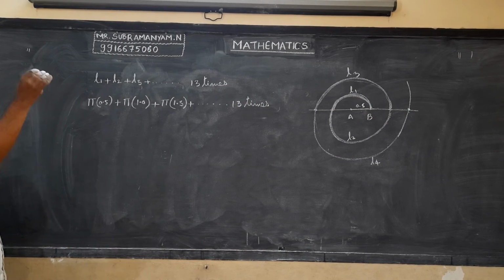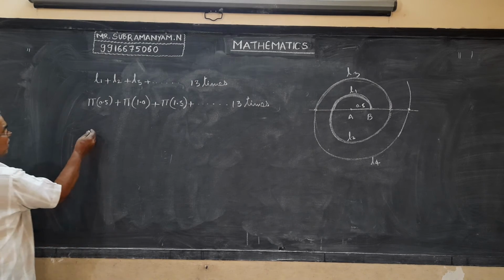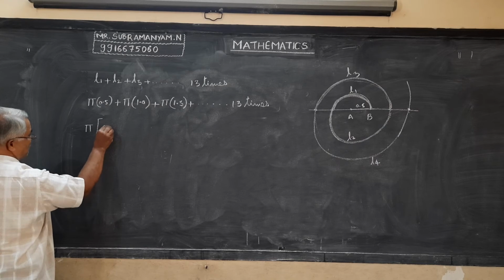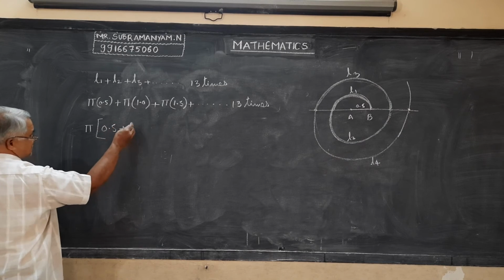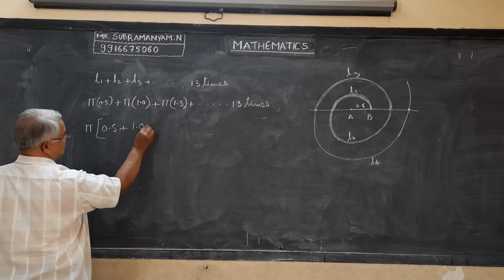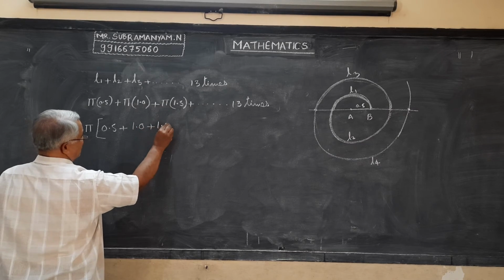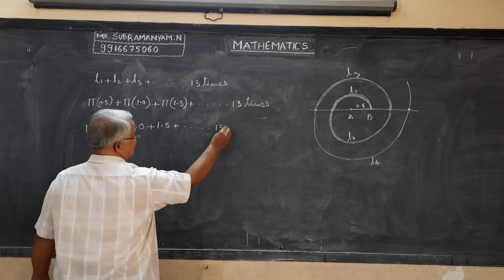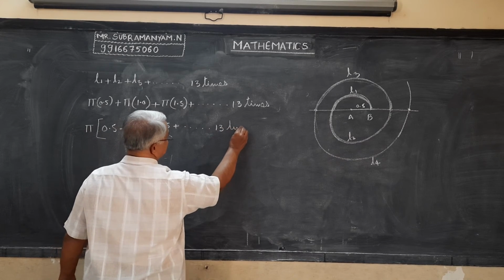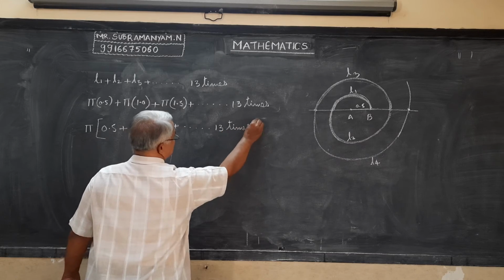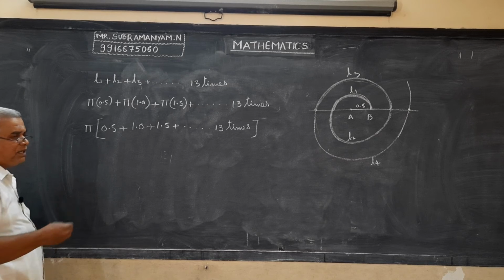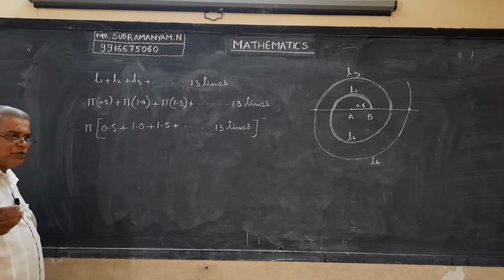We want the total length. In all these terms, we have pi common. So pi into (0.5 plus 1.0 plus 1.5 plus etc.), 13 times. Find the total, multiply by pi. They have given the value for pi also, 22 by 7.